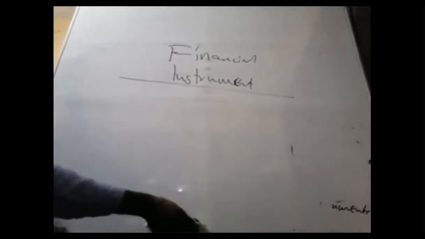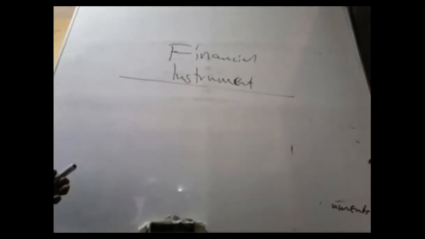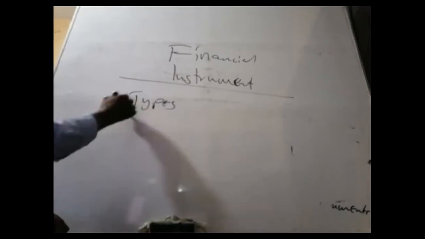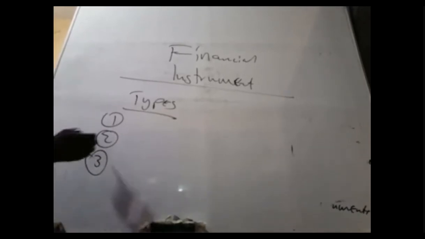What are the types of financial instruments? Basically, we will have 3 types of financial instruments. We should know how we should recognize them or record them. That is the presentation. So the types are 1, 2, 3, but 2 and 3 are almost one, they are together.